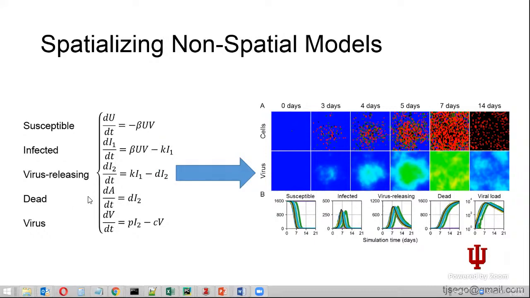And what we have developed and are starting to look to apply is to go from this non-spatial model to generating a spatial analog with a CompuCell3D based, a Potts based spatial analog. And that's what you see here on the right.